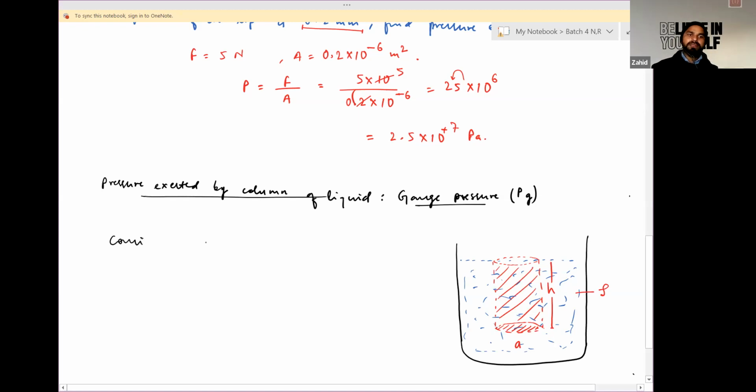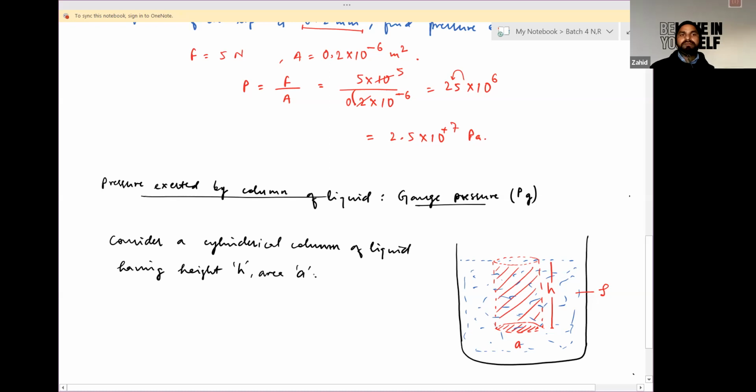Consider a cylindrical column of liquid having height h, area A.